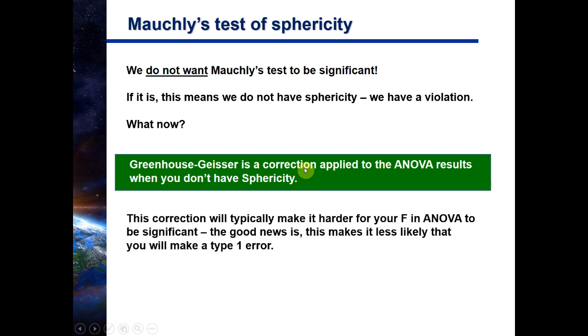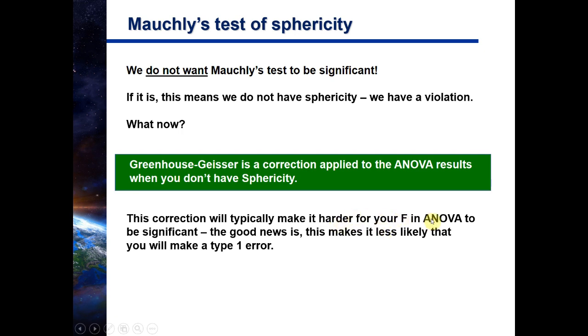So what does the GG correction do? Well, it makes it a little bit harder in most cases for us to find significant results. In other words, when we look at our F value in the ANOVA, it's less likely to be significant. We're paying the price for the violation. We have to give up something because of the violation.